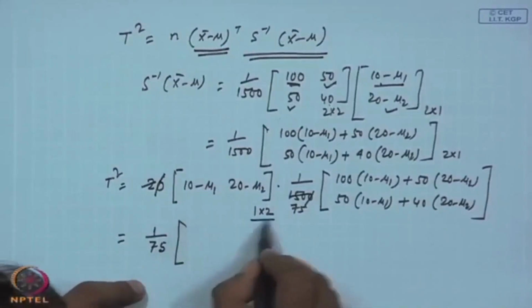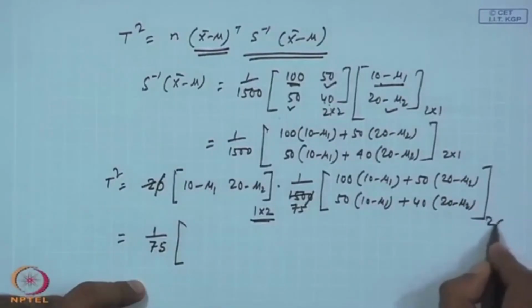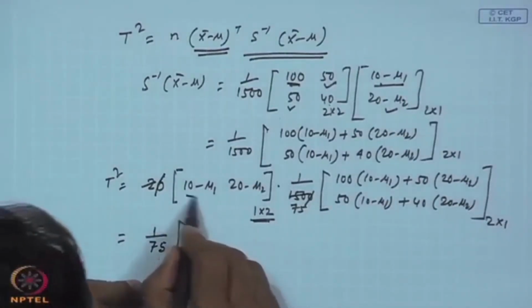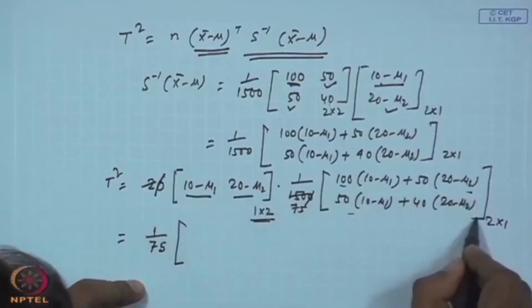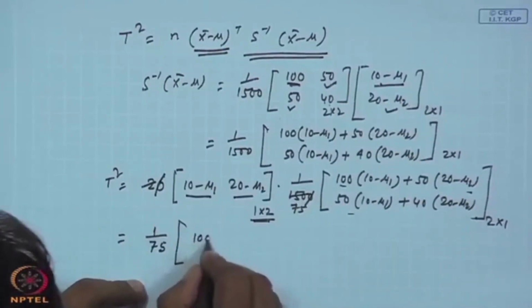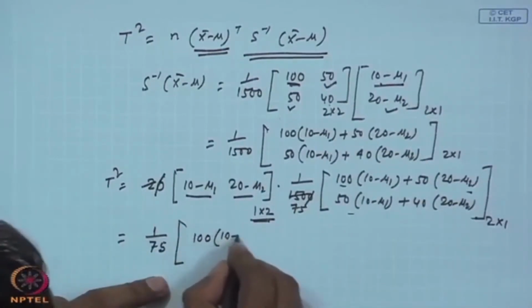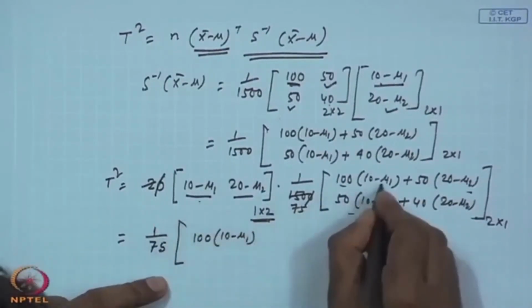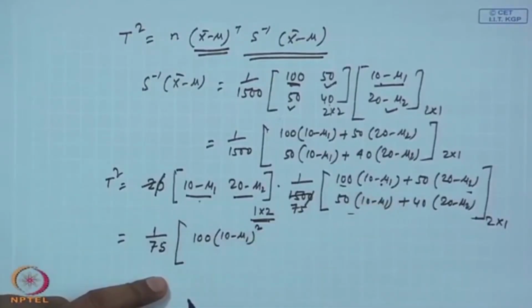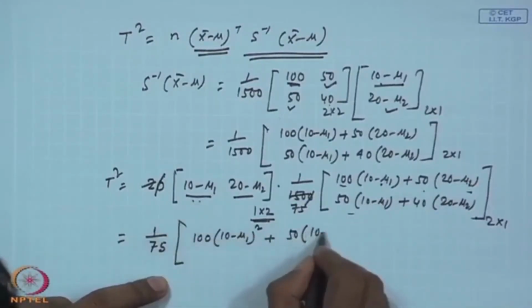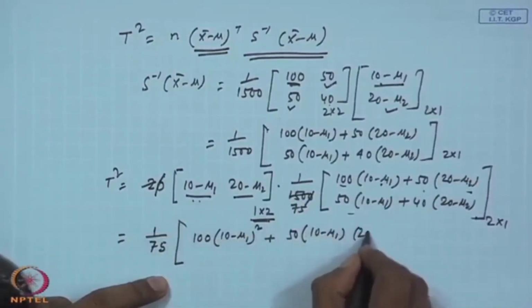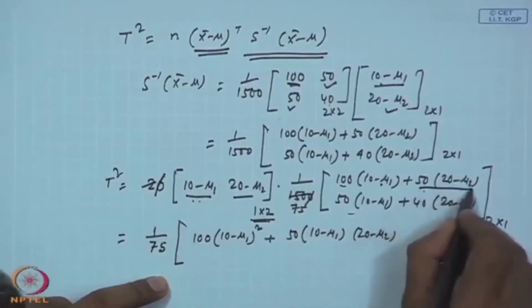Now, you see 1 by 2 and 2 cross 1, so you will be getting only one scalar value. So, multiply this into this and this into this. Your resultant quantity will be 100 into (10 minus mu 1) into (10 minus mu 1), that is (10 minus mu 1) square, plus 50 into (10 minus mu 1) into (20 minus mu 2).